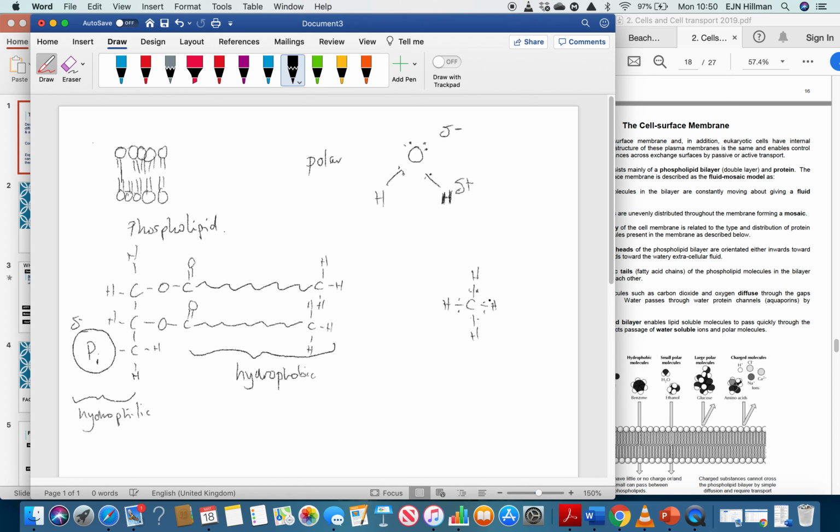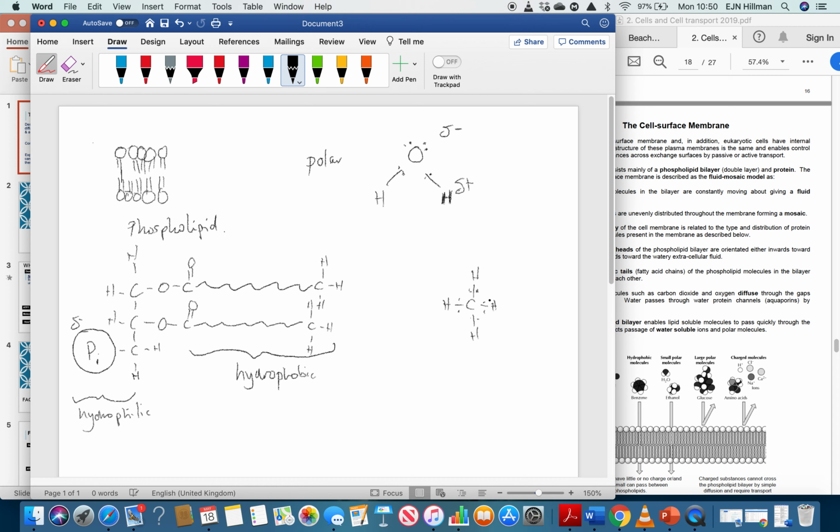Okay, with the hydrophilic heads, this region, facing outwards towards these aqueous solutions, towards the watery solutions that are either on the outside of the cell or on the inside of the cell. The hydrophobic fatty acid tails, which are on the inside, face each other, and then they form a bilayer.